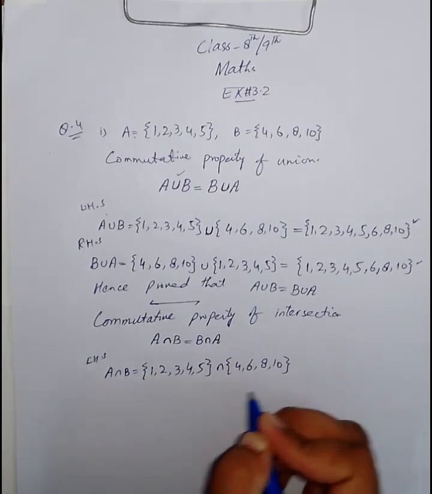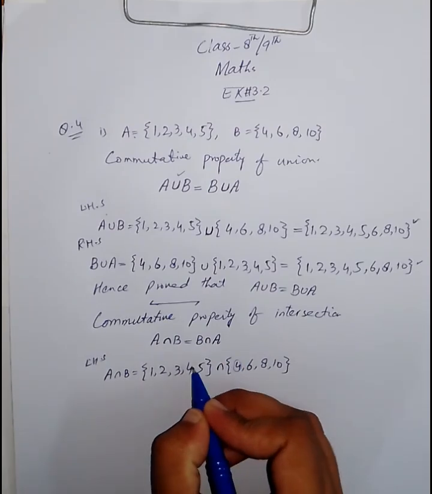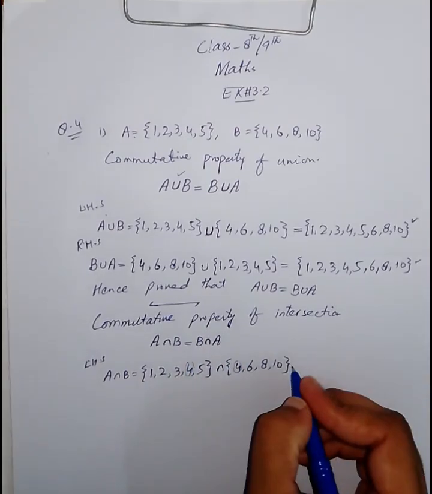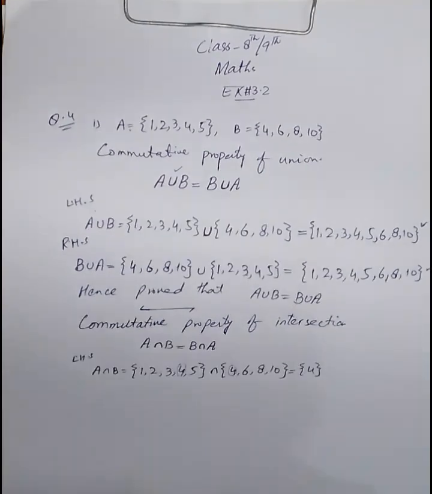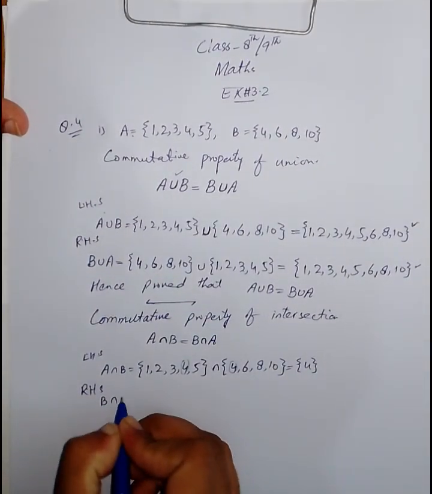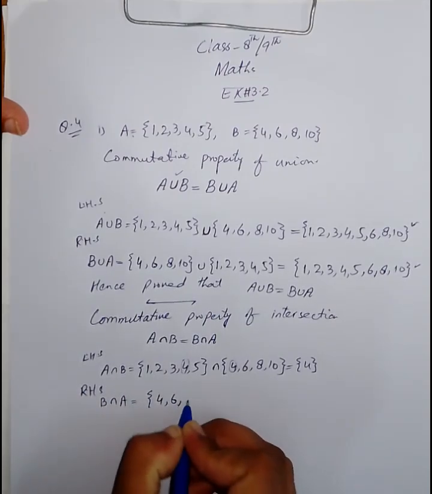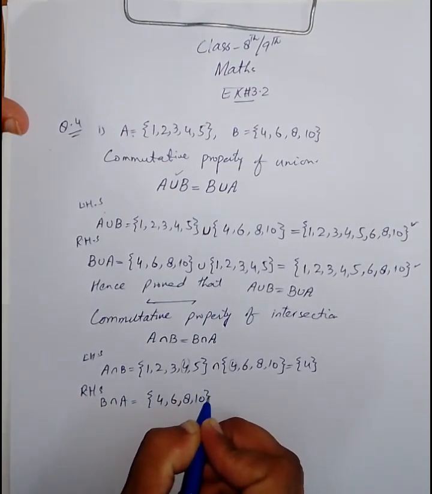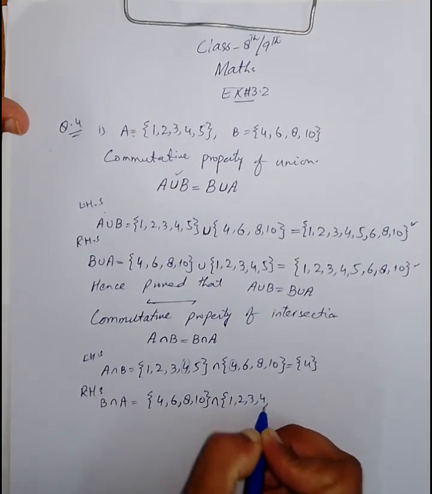Now check what is the common element in both sets. So 4 is common, that lies in both sets. So their intersection is 4. Now in right hand side B intersection A, just replace the positions of sets. Firstly write B set 4, 6, 8, 10 and then set A 1, 2, 3, 4, 5.